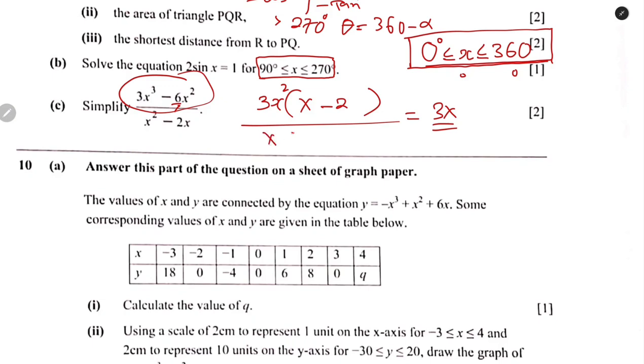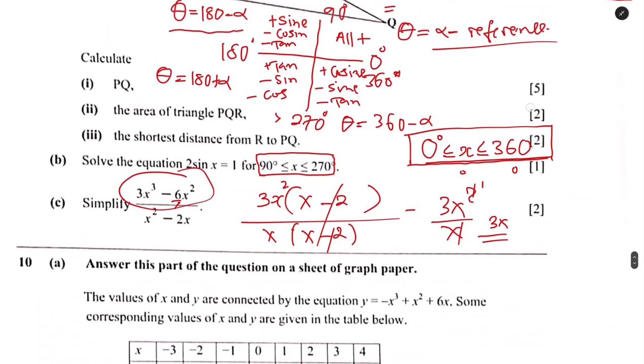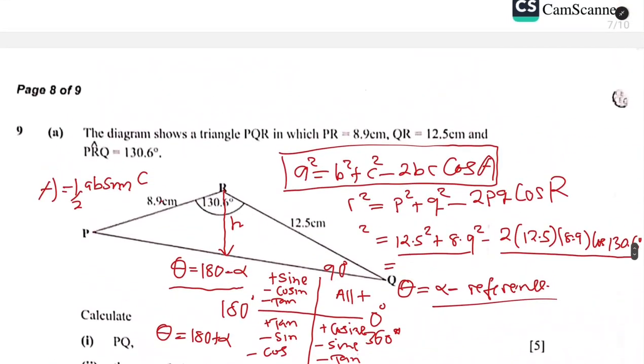It was going to be x outside, then x minus 2. You cancel this out. Then you remain with 3x squared divided by x. And of course 1x goes with this x, and we still remain with 3x. So whichever way you go, you should be able to arrive at the answer. So we've answered question 9.